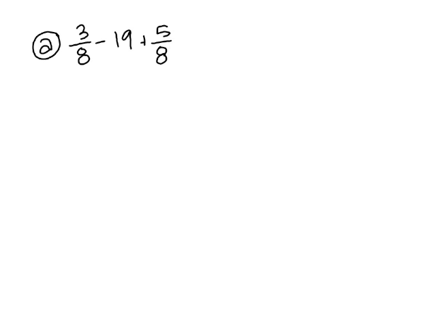Which are my two terms that are similar? Fractions, 5/8 and 3/8. So I want to rearrange those. So I have 5/8 plus 3/8 minus 19. Is it easier to solve now?